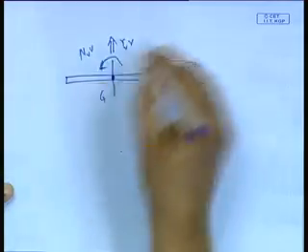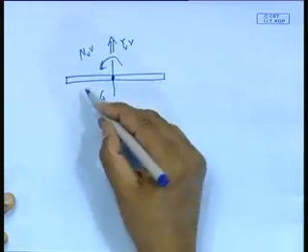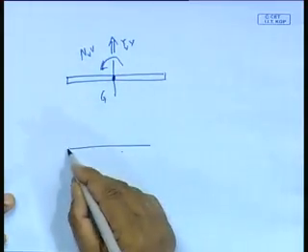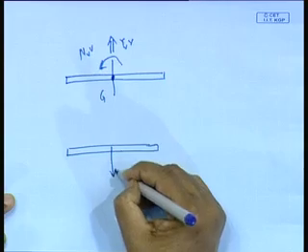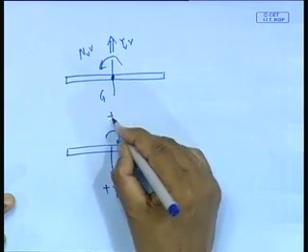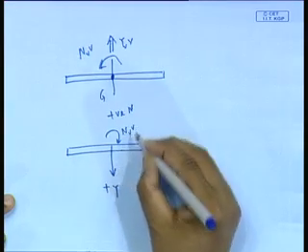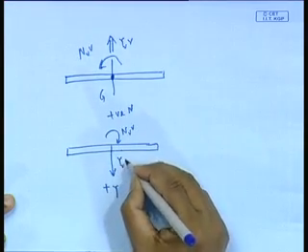Actually, I should discard that and write it this way, because remember, this is my positive axis. So, I am getting here an NvV and here a YvV.